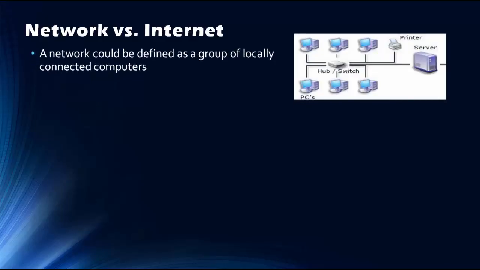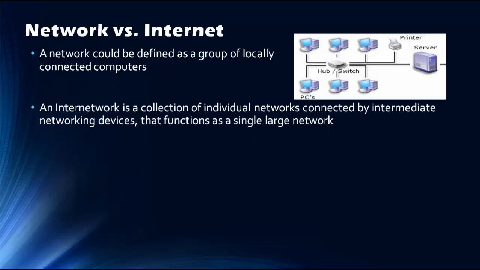A network could be defined as a group of locally connected computers, a set of electronically connected devices which can share information and resources among themselves, whereas an internet is a collection of individual networks connected by intermediate networking devices that function as a single large network.